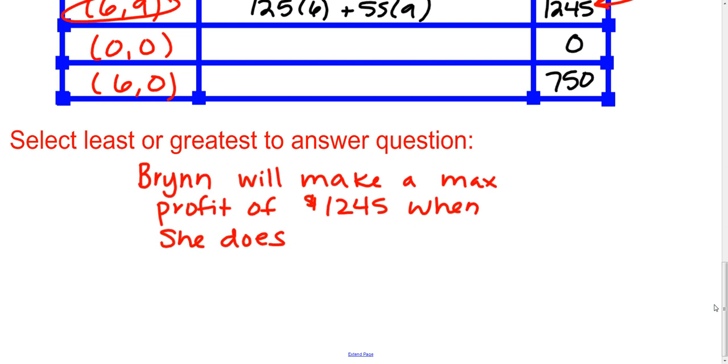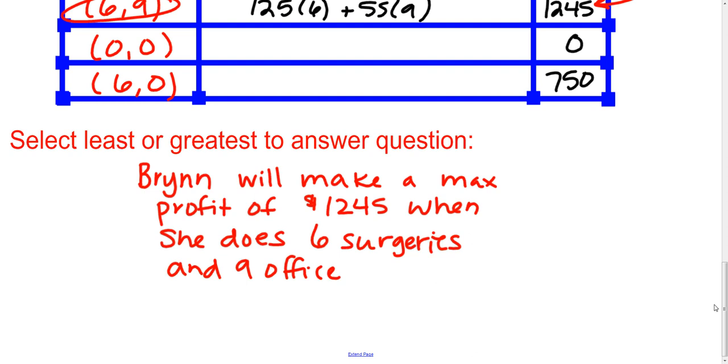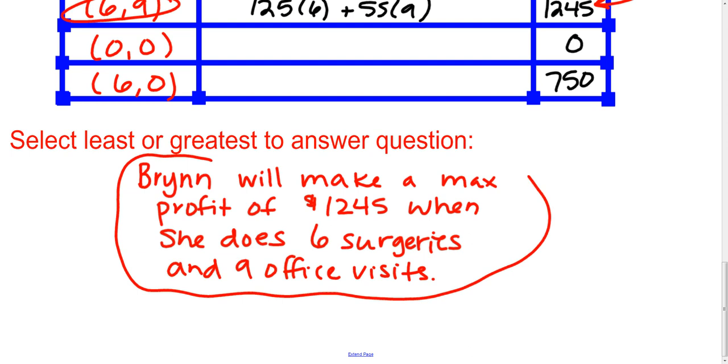So your x is 6 and your x is surgeries, and your y is 9 and your y is office visits. So when she does 6 surgeries and 9 office visits. I want you to write a sentence like that so that everything is in context and you know exactly what this whole problem solved, okay? And so that is that one right there.